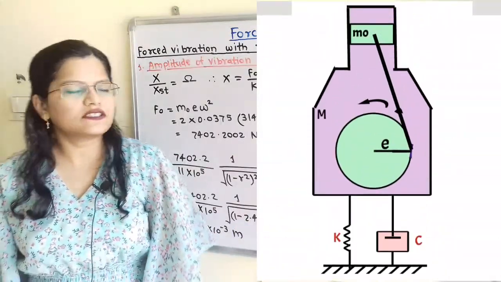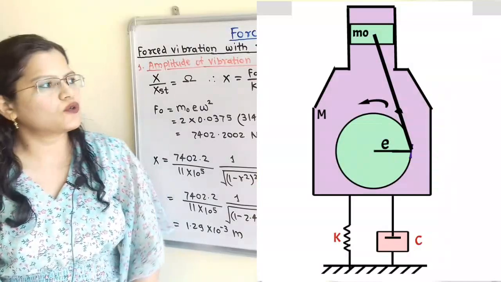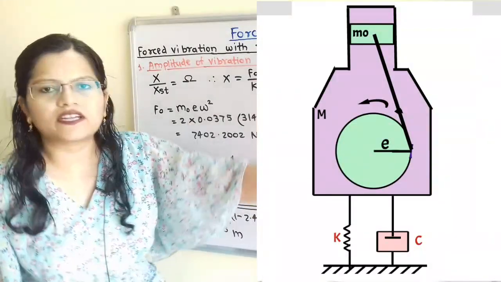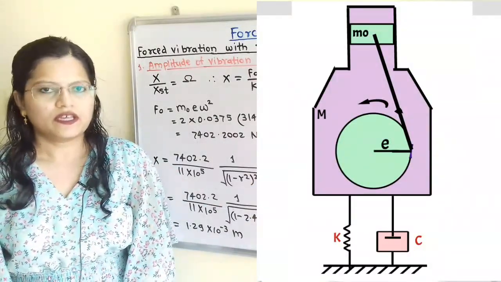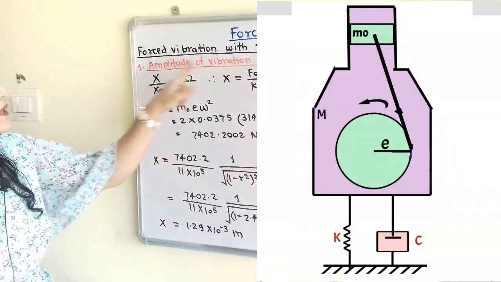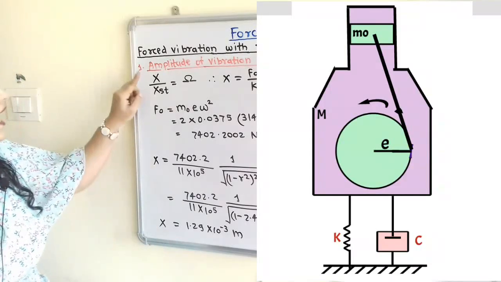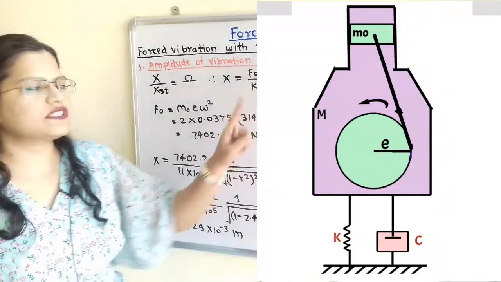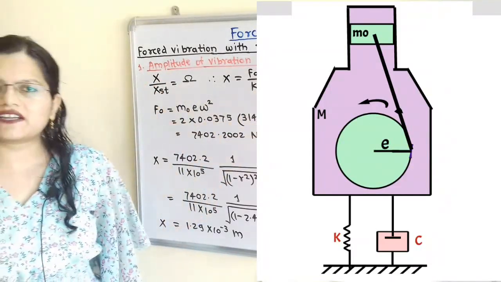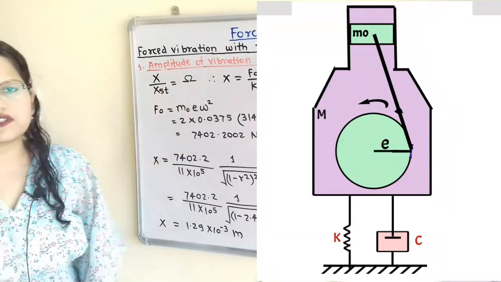The vibrations in this system occur due to the unbalanced mass in the reciprocating motion. Now we have to find the amplitude of vibration capital X. We have the formula: amplitude due to harmonic force divided by amplitude due to static force is equal to the magnification factor.